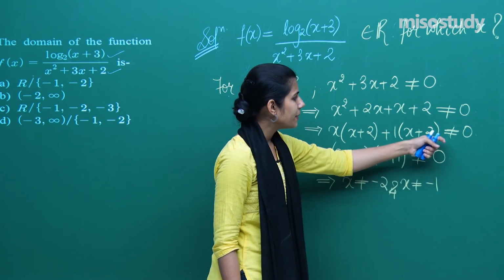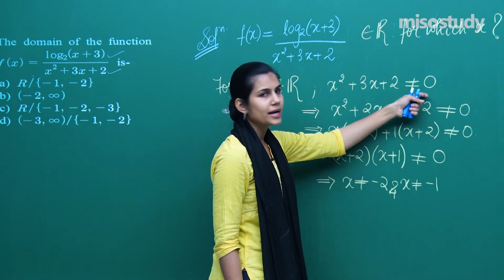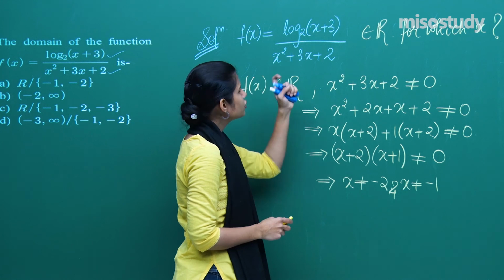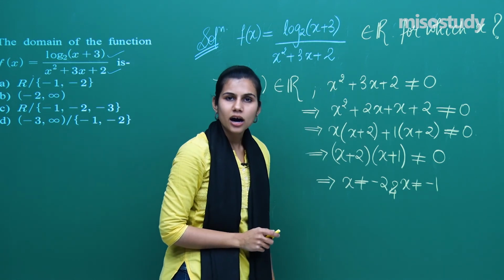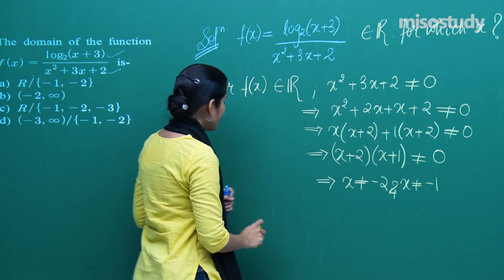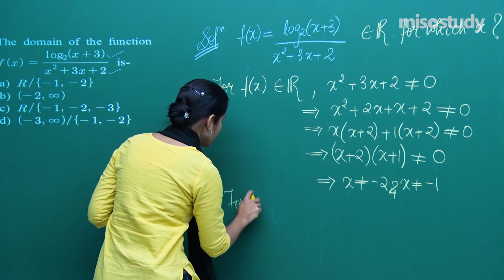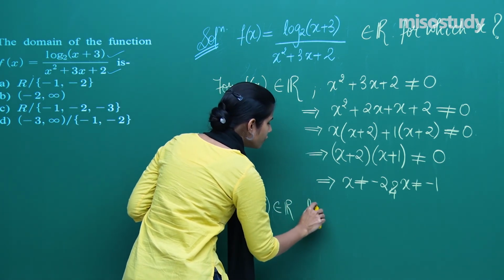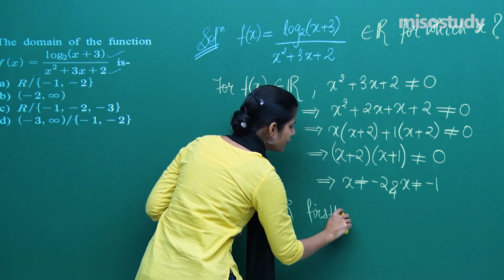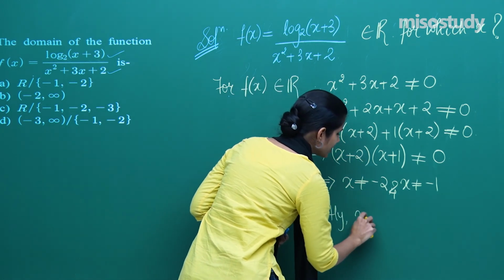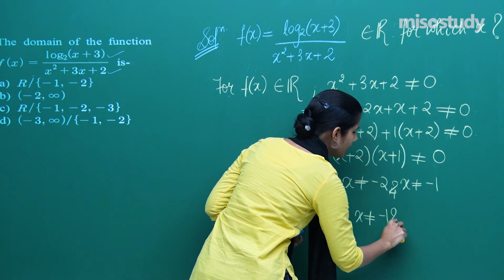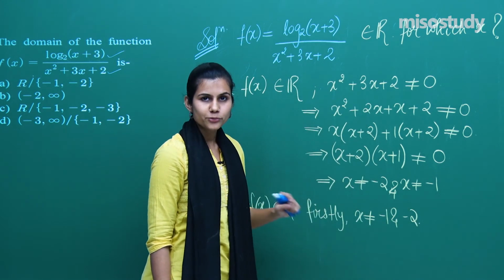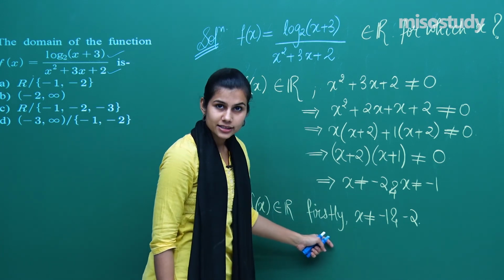If the denominator turns out to be 0, my function will not be sitting inside R. That is why, for f(x) to belong to R, firstly I want that x should not be equal to minus 1 and minus 2. Done? Problem solved? Not yet.